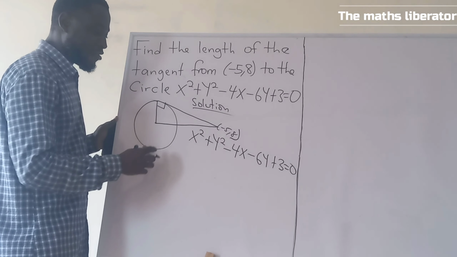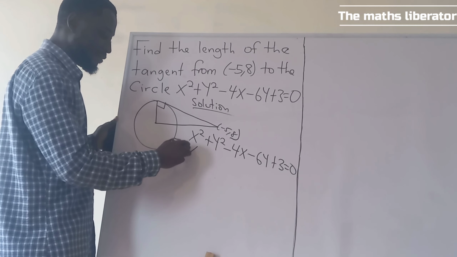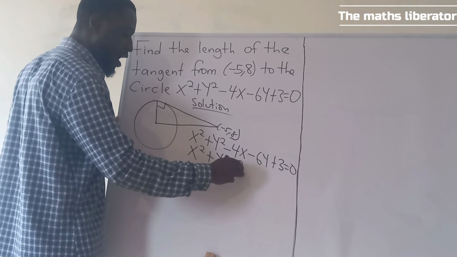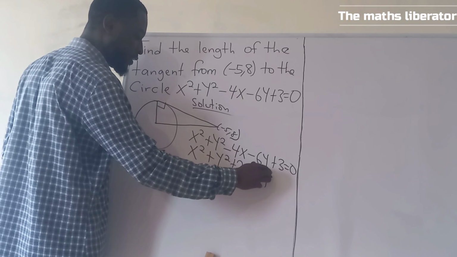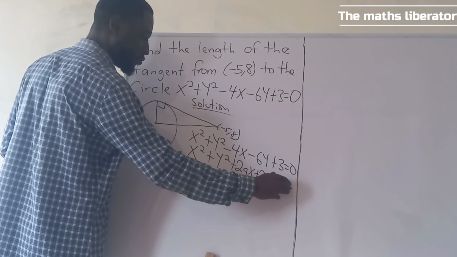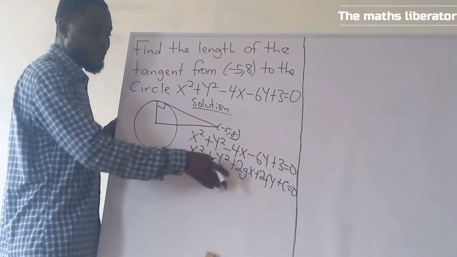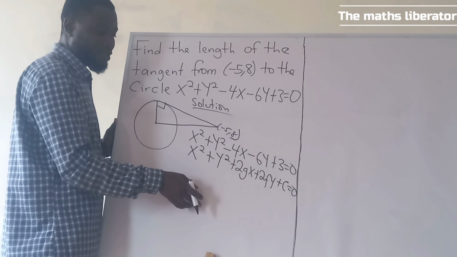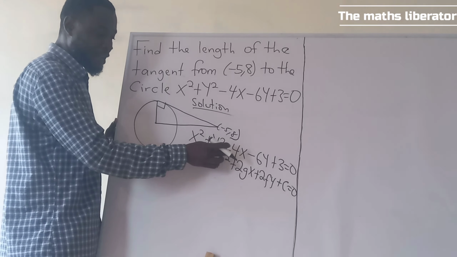After doing this, I'll write the general form of the equation of a circle under it. After that, I'm going to compare the coefficients of x and y. So let's do the first comparison.